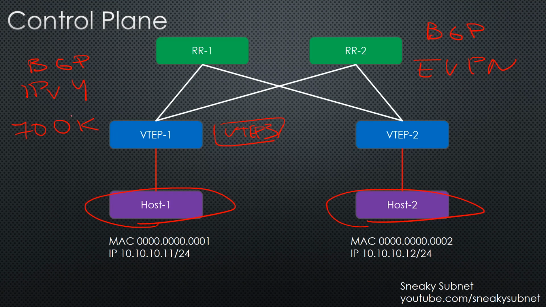So obviously new platforms like Nexus 9K are capable of coping with those numbers of MAC addresses.